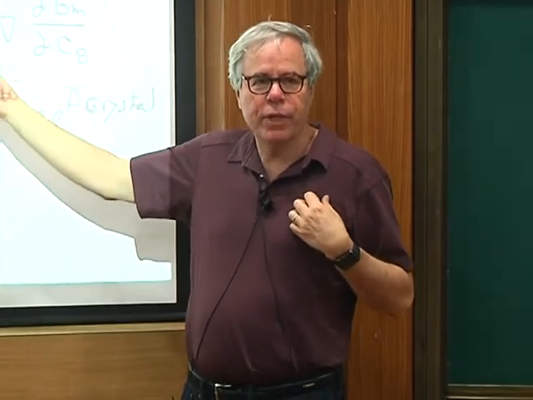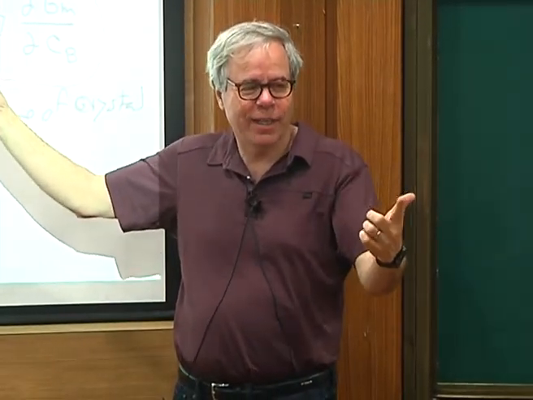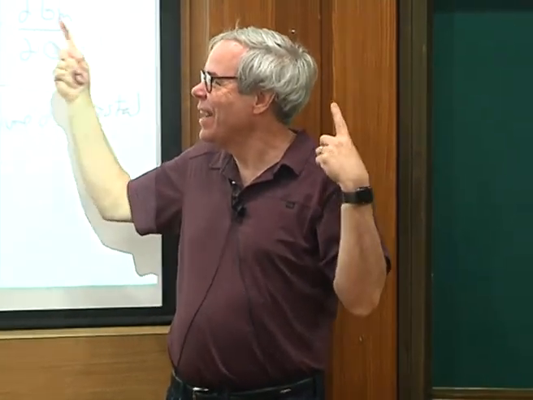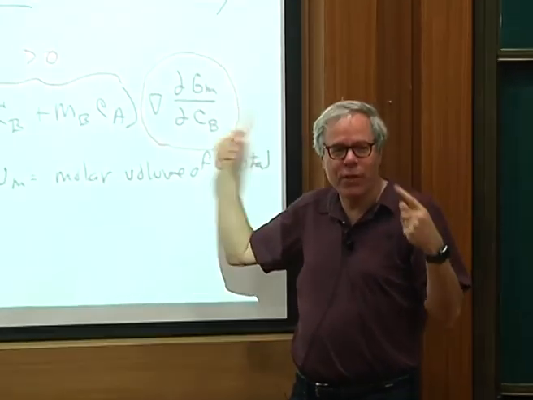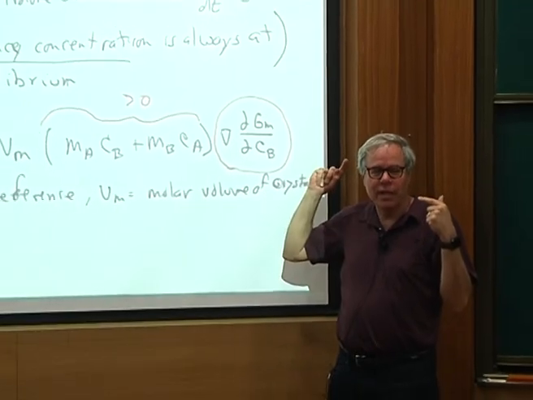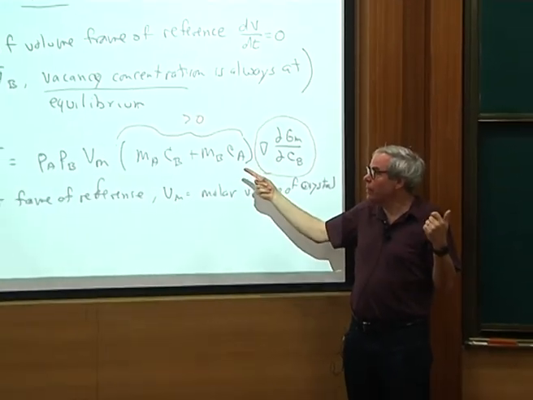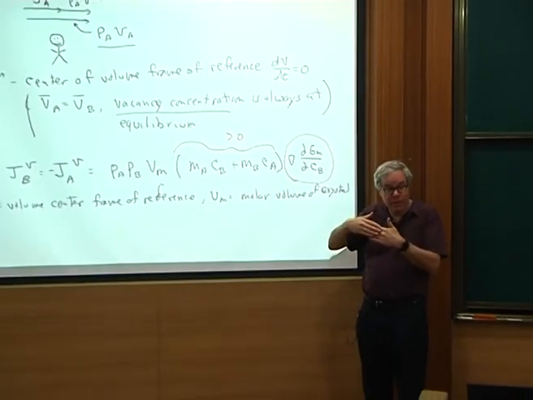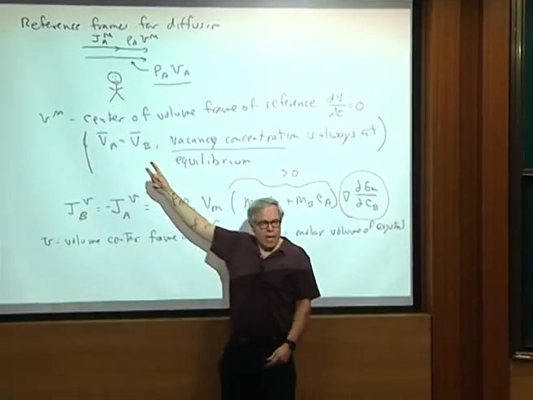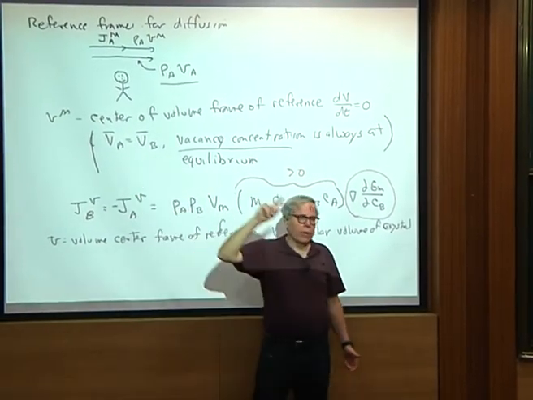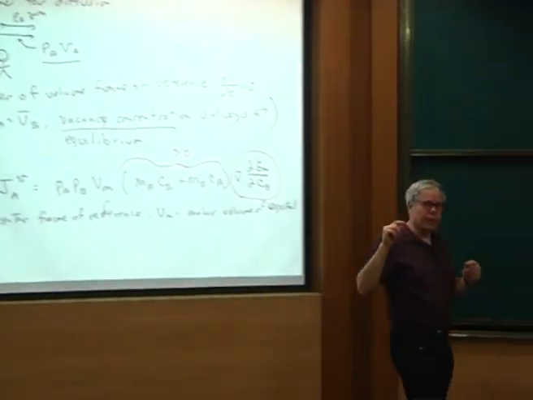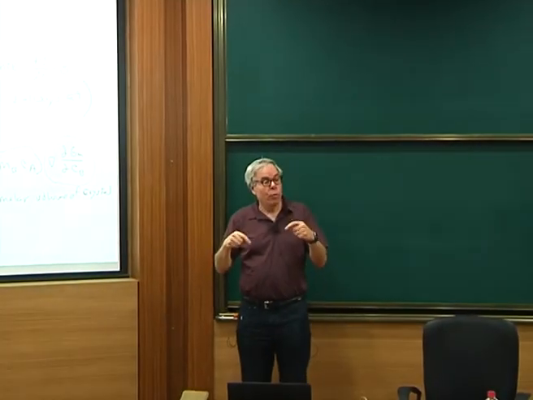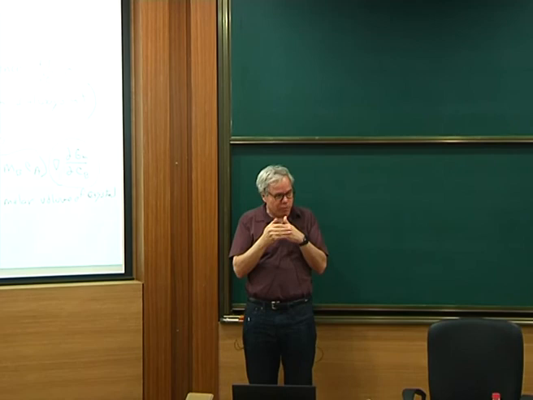What people typically do, and I know what you're getting at, because later on we'll be doing phase field models where you have stresses, and V_B is not equal to V_A, and you generate the stresses. Those are typically elastic stresses, which come from small differences in the partial molar volumes.